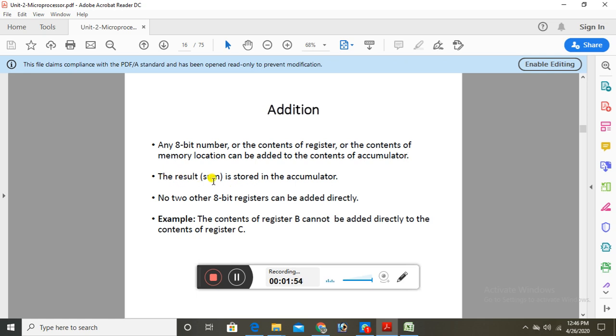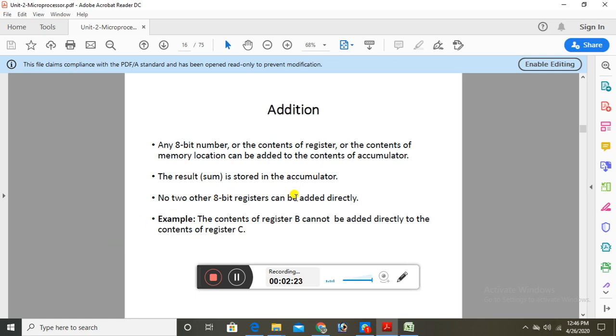The addition result is stored back in the accumulator. Whatever you add, whether an 8-bit number, any register, or any memory location, with the contents of the accumulator, the answer will be stored in the accumulator only.